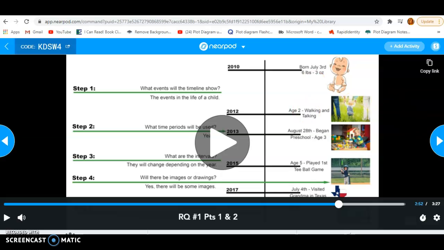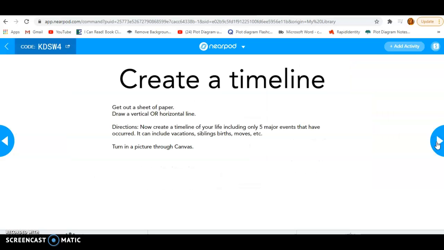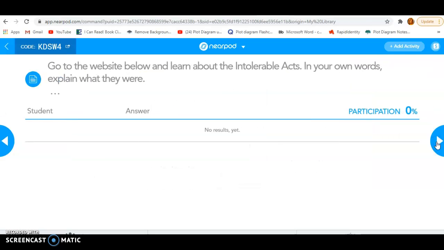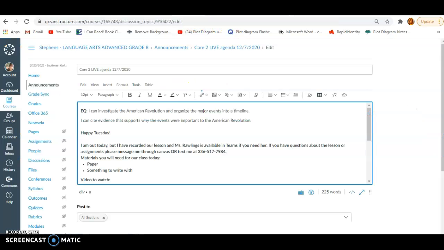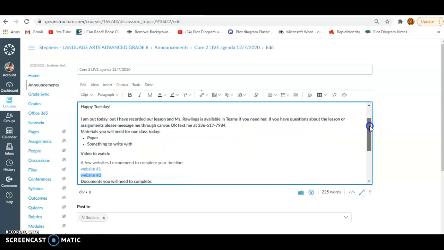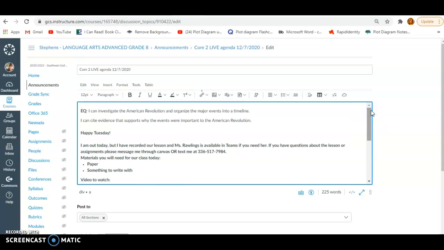Now, the next assignment is that you are going to start practicing your research. For this, you will need to do the Nearpod. So what you will do is go to Canvas, and I'm working on it currently, but it will be in there and it will say for you to complete the Nearpod.